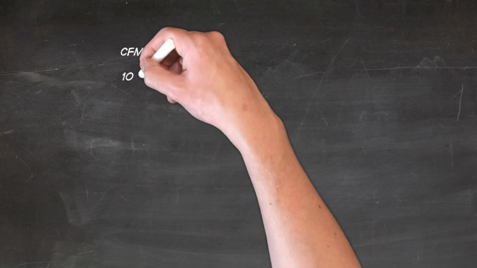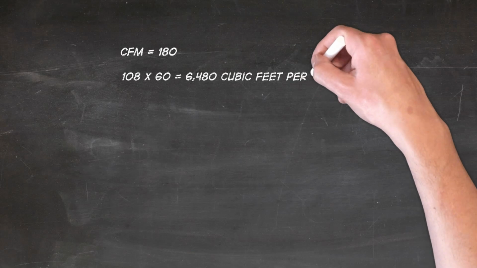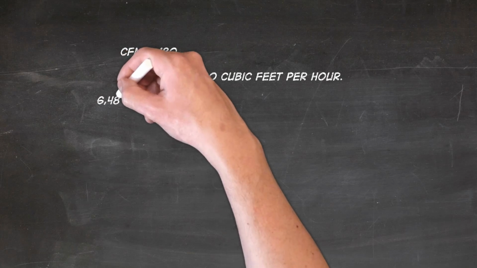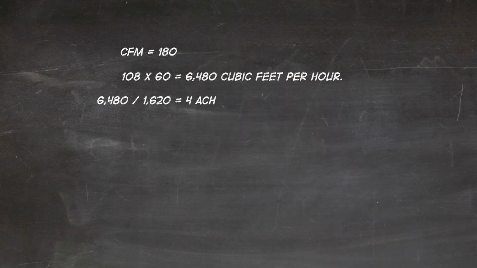So 108 times 60 is equal to 6,480 cubic feet per hour. Then divide that number by the volume of the room. 6,480 divided by 1,620 is equal to 4 air changes per hour.